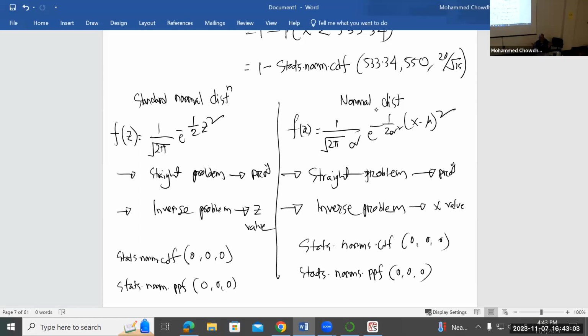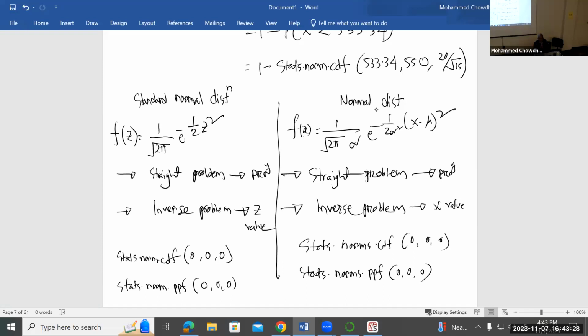Clear, right? In the last 1 hour and 15 minutes, I solved this problem. The last argument is the standard deviation, the middle one is the mean.